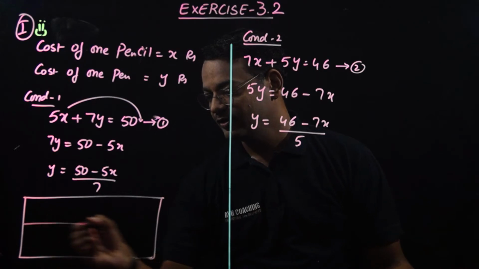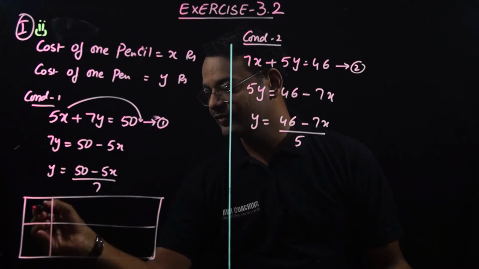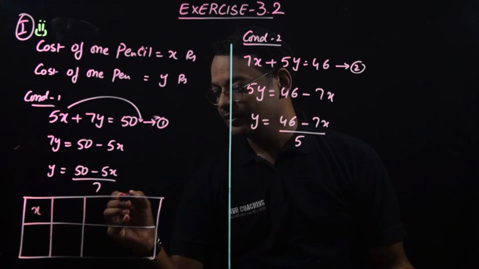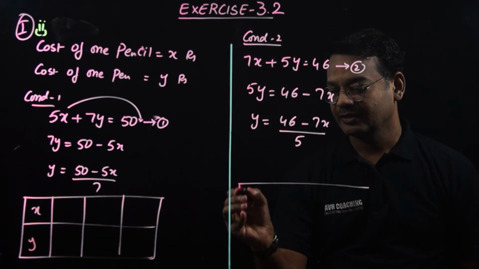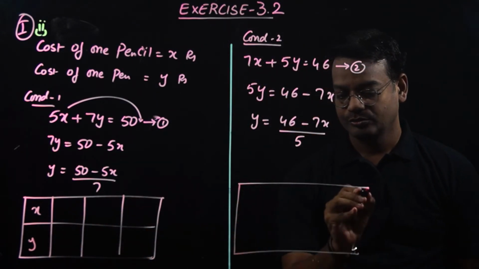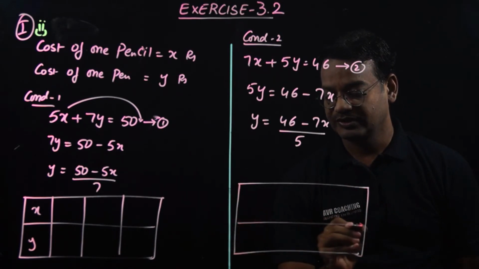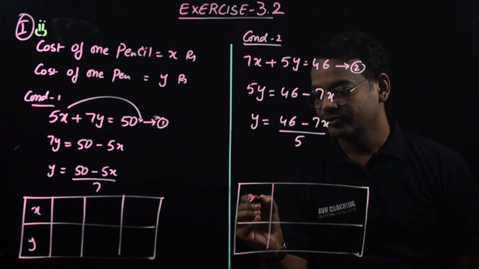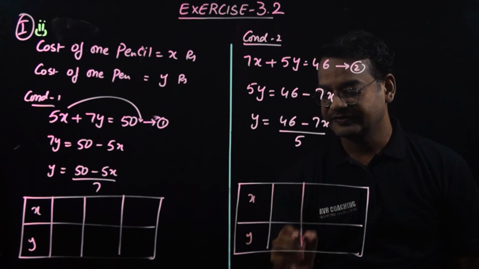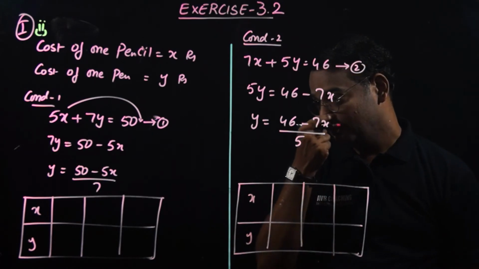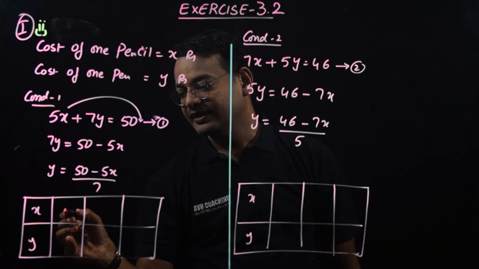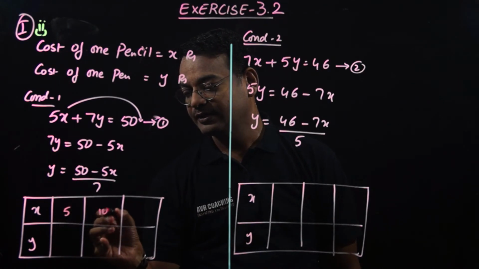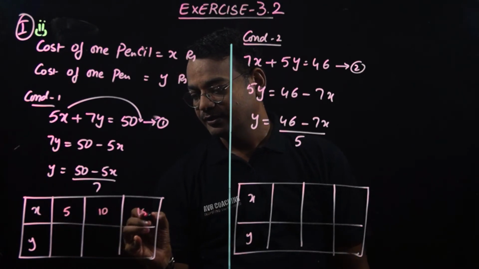So here again we are going to assume x values and get y values. So these are the tabular columns, x and y. Now I will take x equal to 5, 10 and 15.